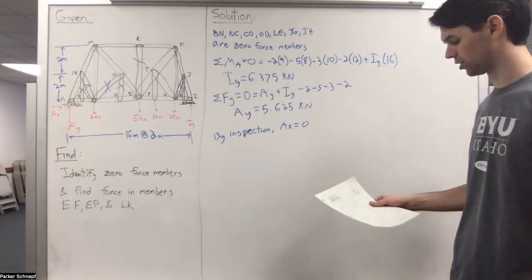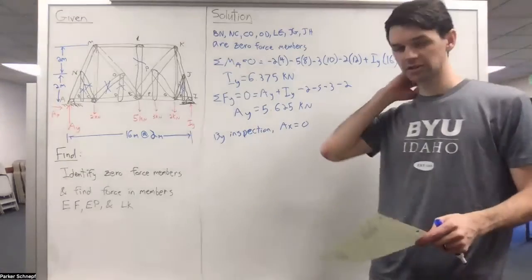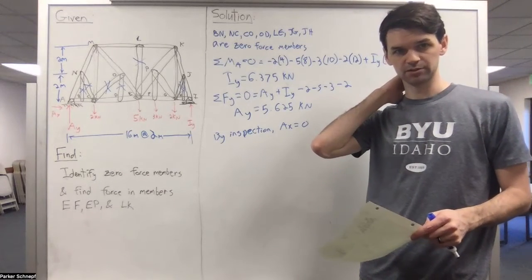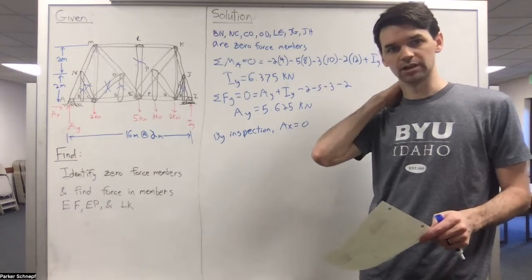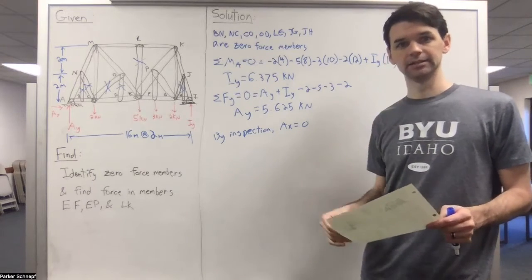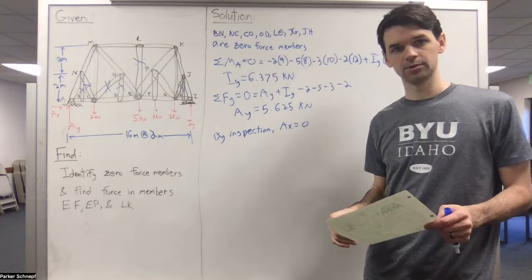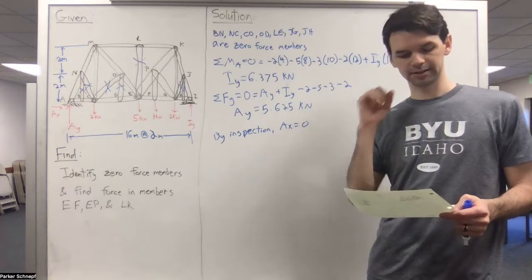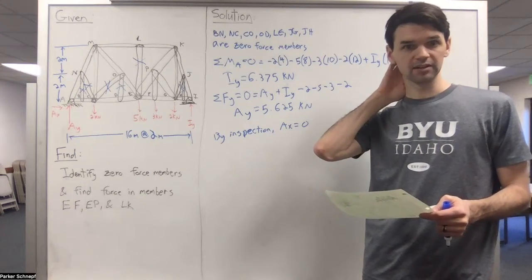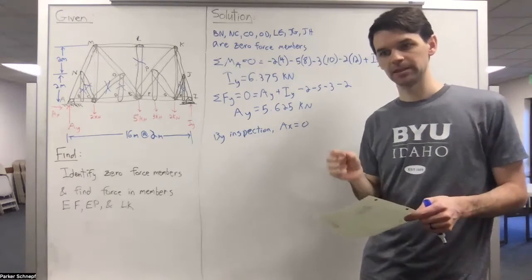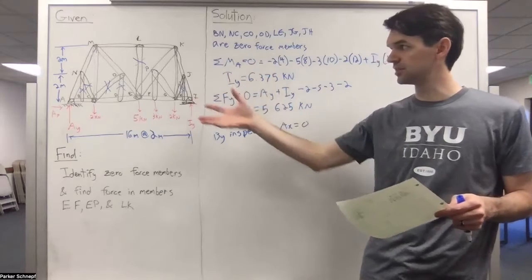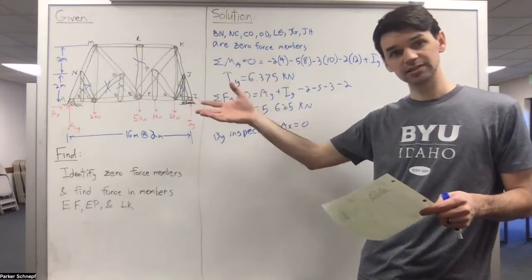All right, so what makes the method of sections different than the method of joints is that instead of solving joint by joint and going across, we're going to make a cut in our truss. This works because the way equilibrium is, not only is our whole system in equilibrium, but every joint is in equilibrium.